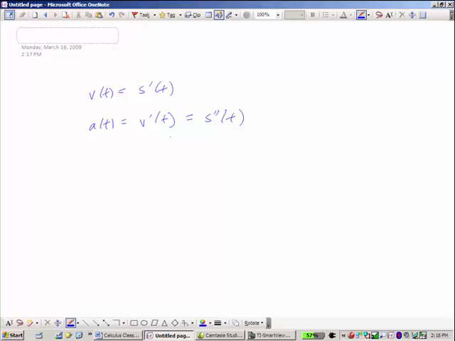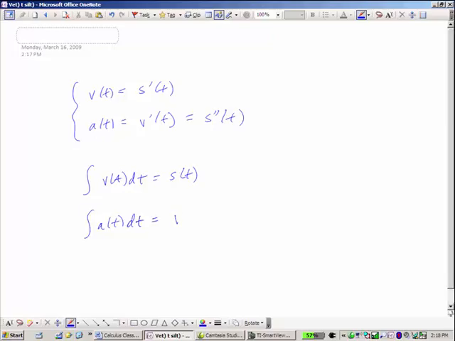So what we know now is we can just reverse all this for second semester. The antiderivative of velocity is position, and the antiderivative of acceleration is velocity.